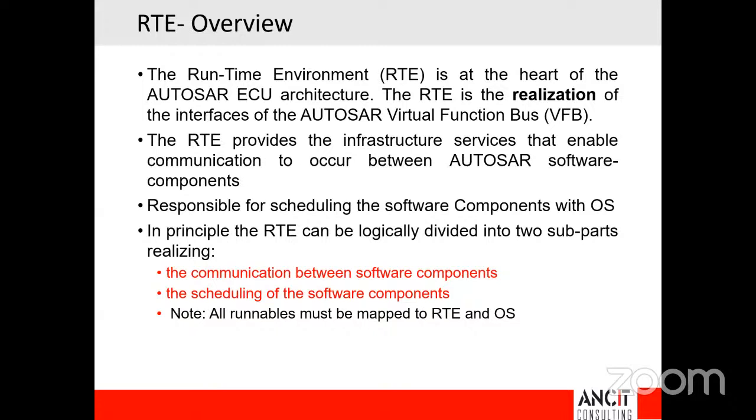So this high level design information, when you are able to do it, that's typically what we call a virtual function bus. In terms of C programming, like I mentioned, it will be just the number of .c files.